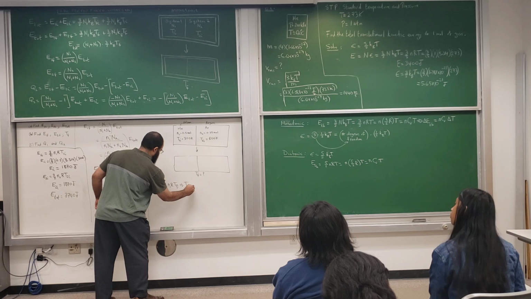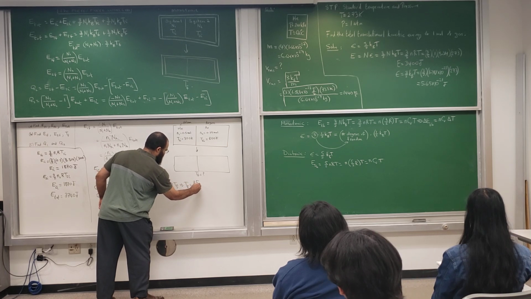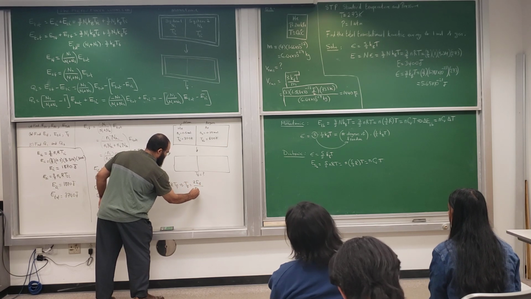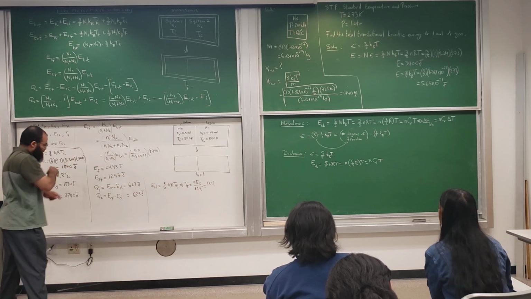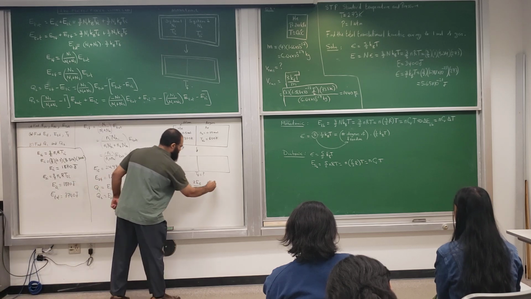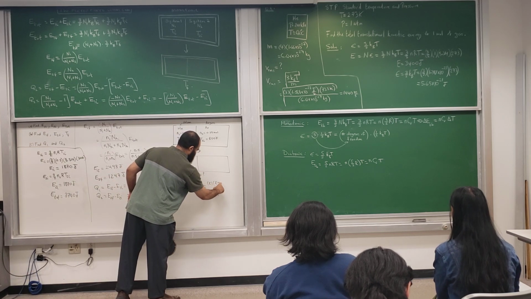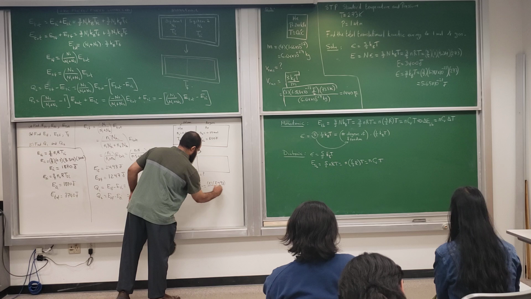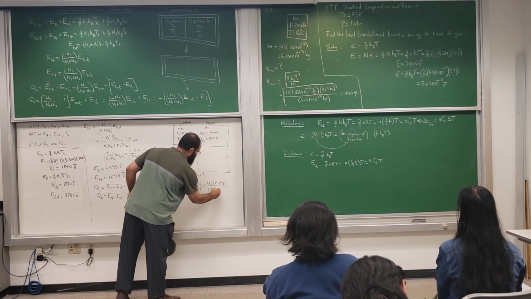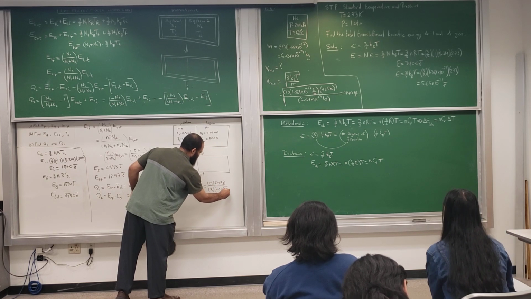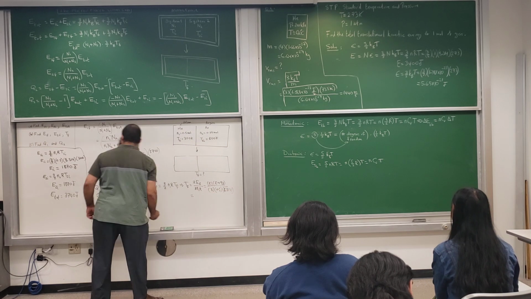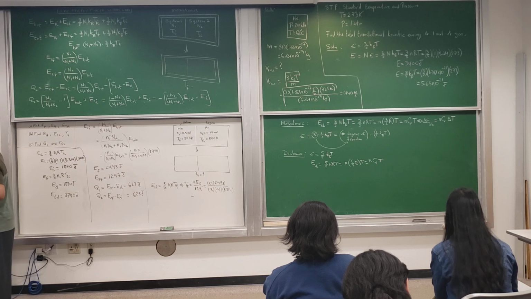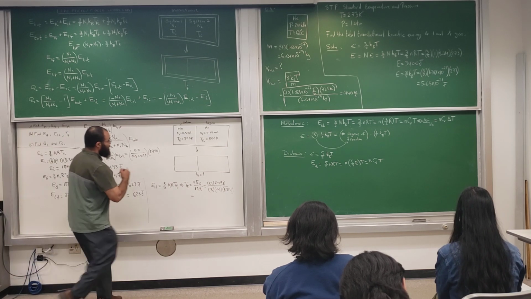So T final will equal 2 E1 final divided by 3 N1 times R. So we have 2 times 2493, over 3 times 0.5 moles, times 8.314. So the final temperature is 400.